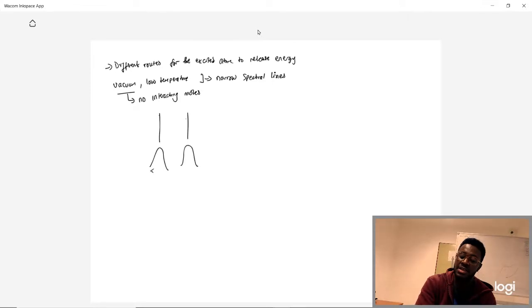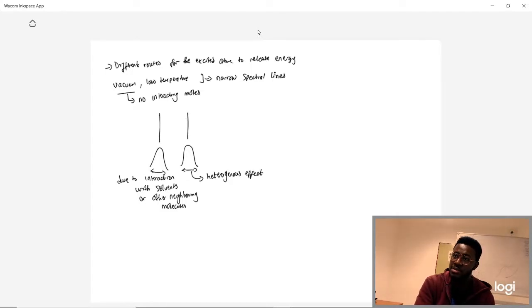This widening, when it's due to interaction with solvents or other neighboring molecules, is called the heterogeneous effect.